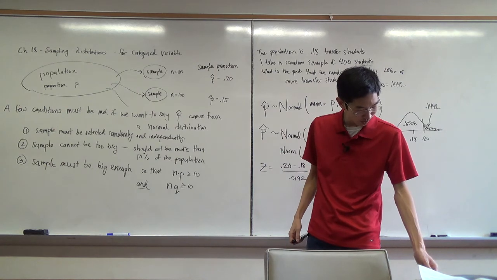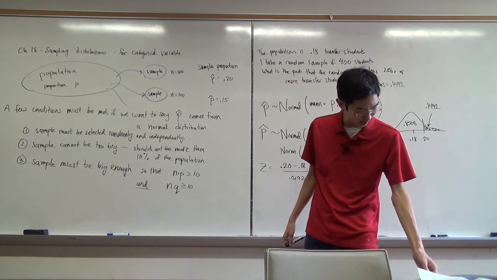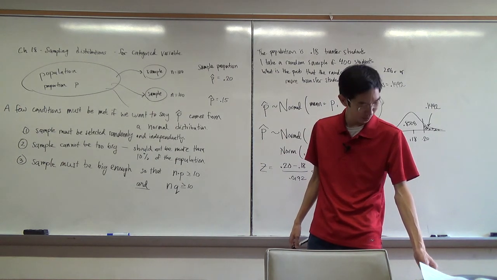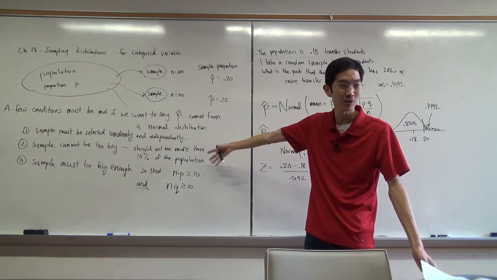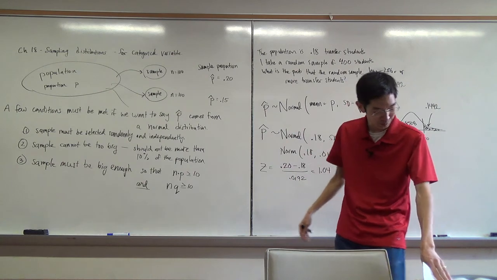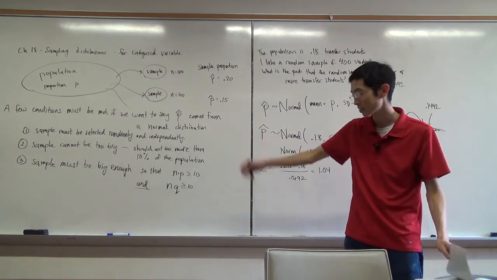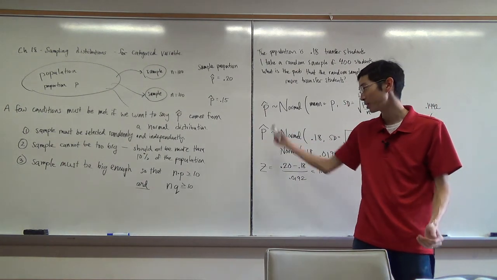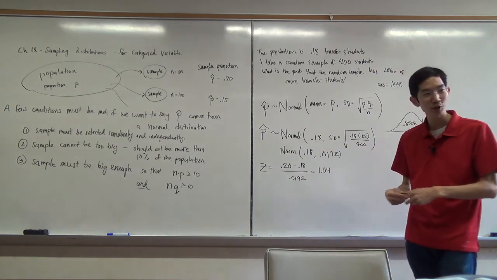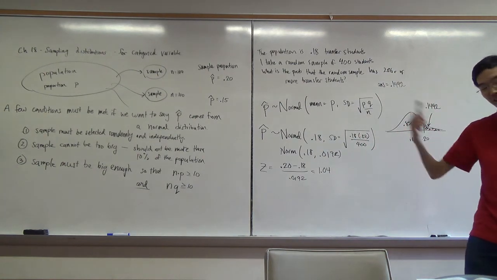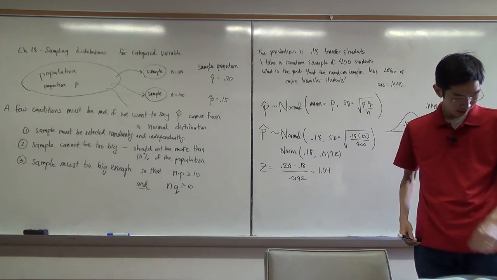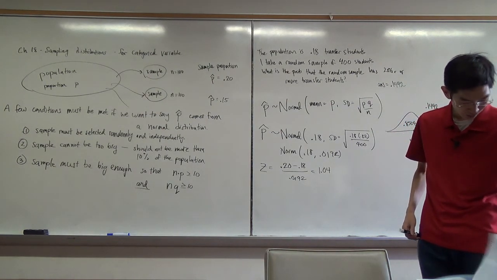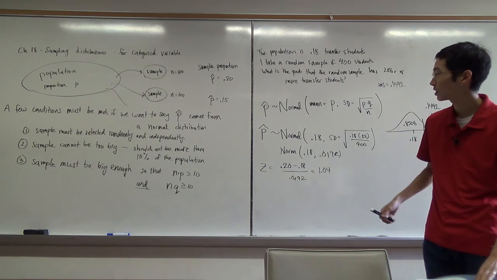I've never seen those same names used anywhere else, but these concepts do apply. Essentially, the sample shouldn't be too big, it shouldn't be too small, and your sample needs to be selected randomly.